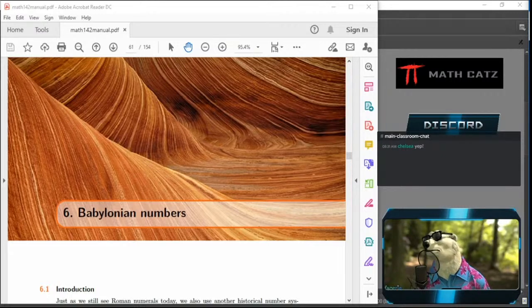And our goal is to not fundamentally change what we're used to doing in arithmetic, but change things in appearance, change things just a little bit so that we are forcing ourselves to be aware of how our number system works, how our methods of arithmetic work, and just be very critical and really carefully think about it.